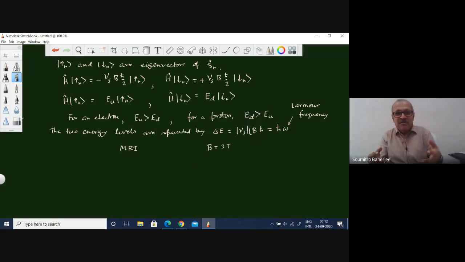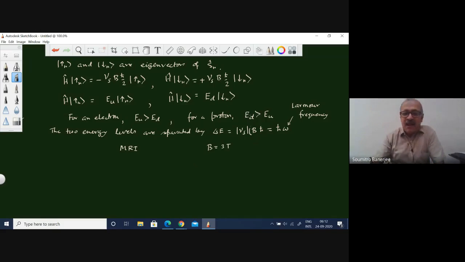The parts which have larger density of protons will emit more, and the parts that are relatively less dense will emit less, and that way you can make an image. And that's how we make MRI images. So effectively, we use spin and what we have talked about today in order to make MRI machines.